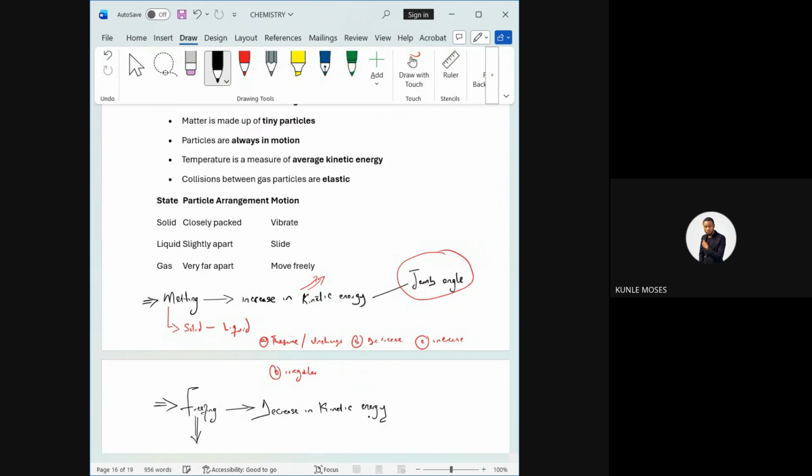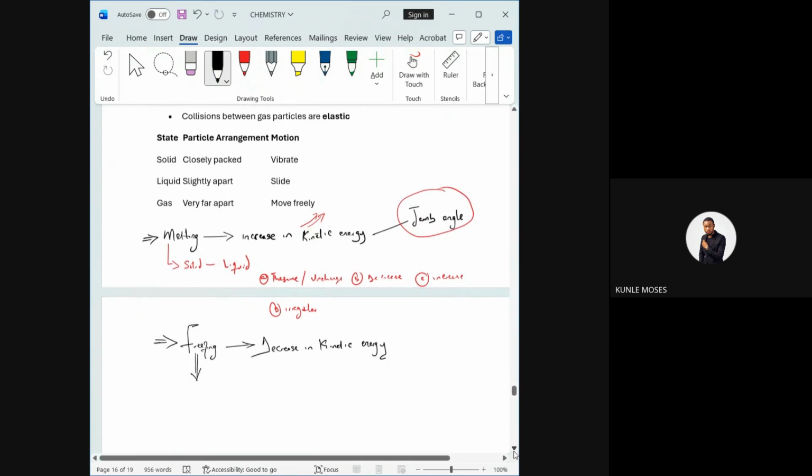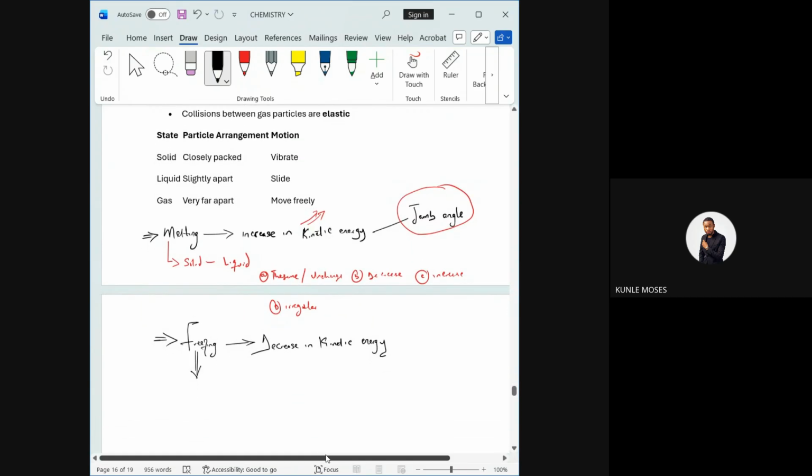Akinwale, what is freezing? From what state to what state does it change? From liquid to solid. Freezing is from liquid to solid. Thank you.